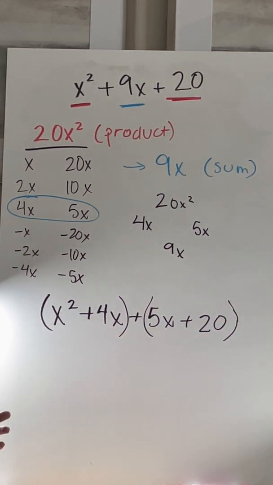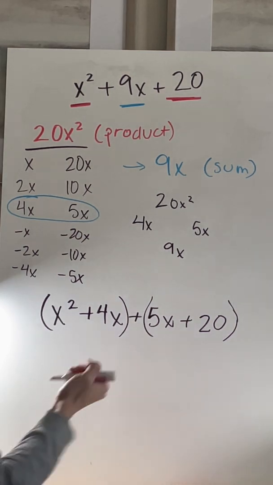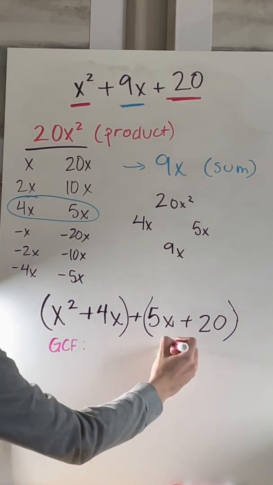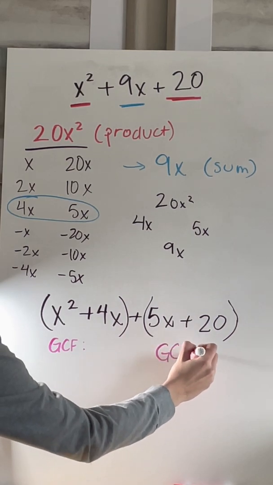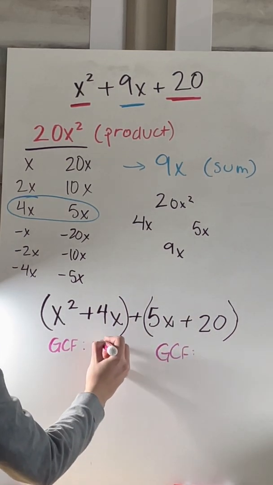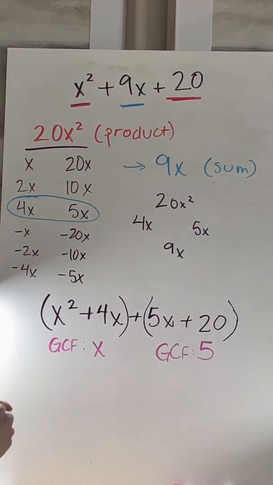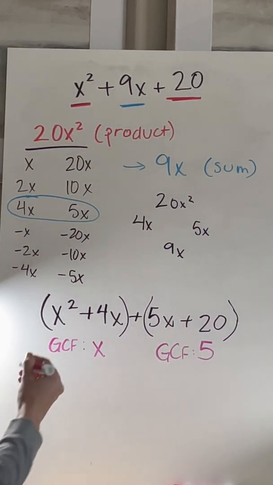Right? Now let's find our GCFs. And what is our GCF of the first part? It's going to be x, and of our second part, 5. So let's factor those out and see what we get.